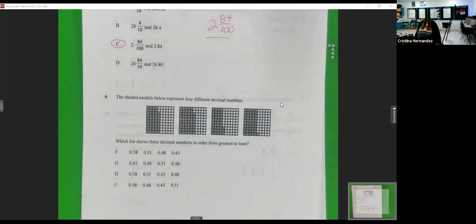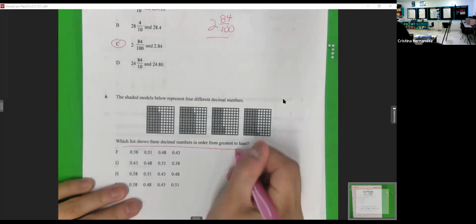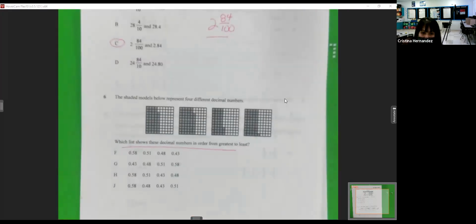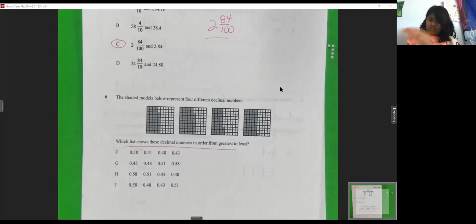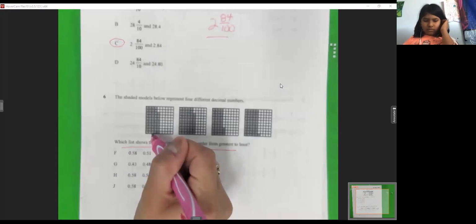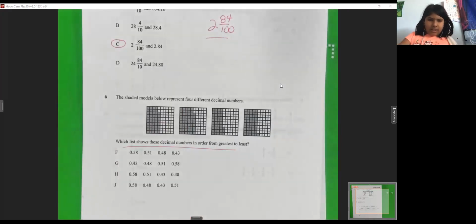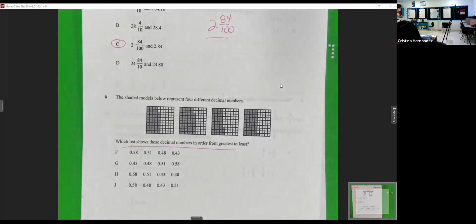Number 6. The shaded models below represent 4 different decimals. Which shows the decimals in order from greatest to least? Michael, how much is represented in this first picture? Tell me. Michael? Yeah, 50. How much is shown there, Michael? Are you going to answer?